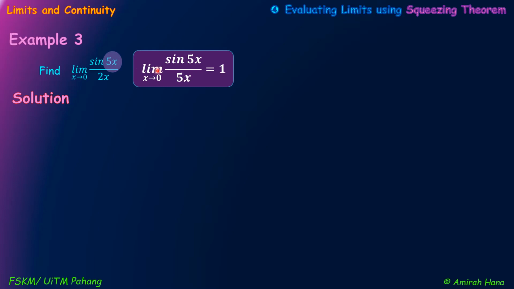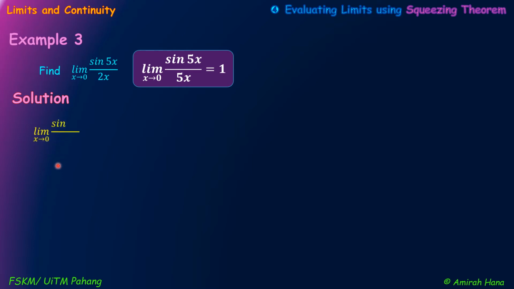So, we need to refer to the squeezing theorem: limit x approaches 0 of sine 5x over 5x equals 1. When we use this theorem, the denominator should be exactly equal to the angle of sine, so that we can say this limit equals 1. But in the given question, we can see that the denominator is not equal to the angle of sine.